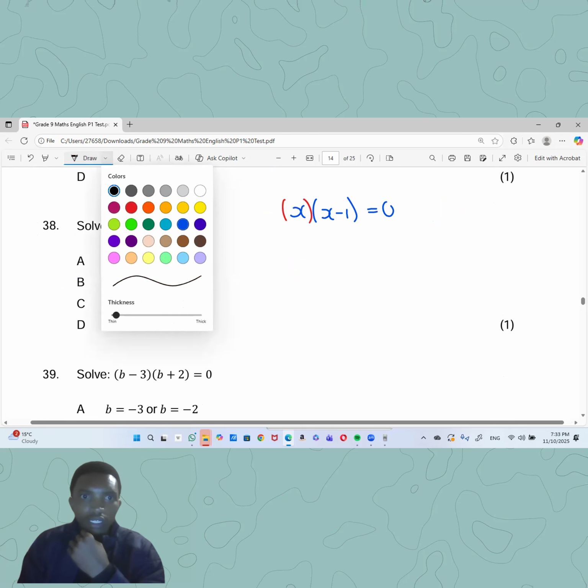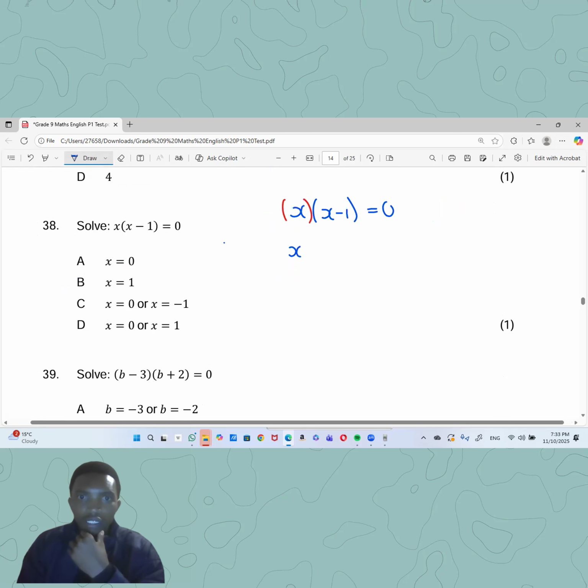We then say the first bracket is equals to 0 or the second bracket is equals to 0. Therefore, this one is already solved. x is equals to 0. For this one, we take this to the other side. So we're going to have x is equals to 0 plus 1. Remember, if it was negative, when it goes to the other side, it becomes positive. So finally, we have x is equals to 1.